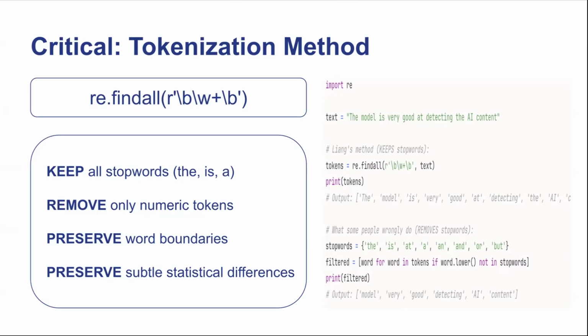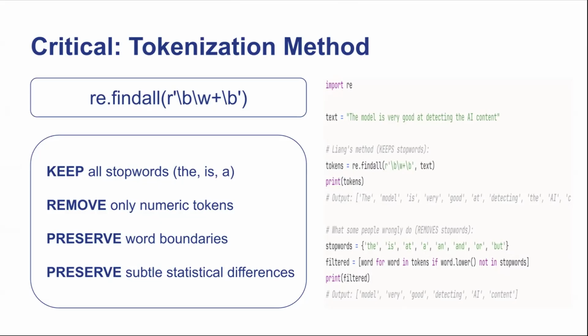So for example, when you're trying to parse a PDF with a large language model, you normally try to give it as much context as possible with as few tokens as possible. And so we remove these stop words. For example, take the sentence: the model is very good at detecting AI. The stop words would be removed, so you would just feed: model, very good, detecting AI.